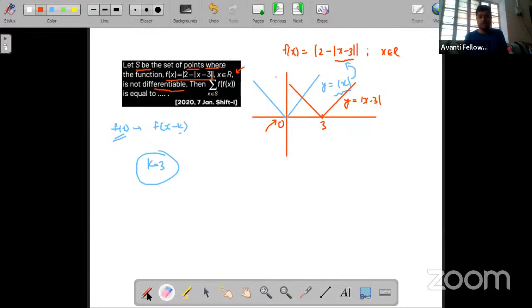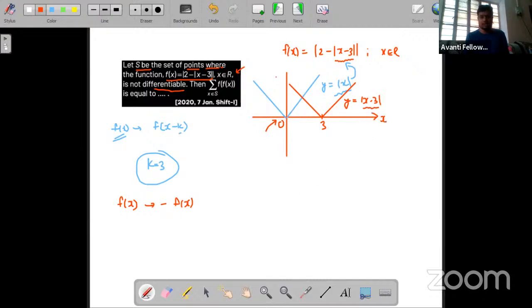Now we have to draw the graph of minus of mod x minus 3, because there is a minus sign. So we will convert from f(x), here f(x) is now treated as mod of x minus 3, to minus f(x). And when we talk about the minus sign of some function, we take a reflection over the x-axis. So here we'll take the complete reflection of this function modulus of x minus 3 over the x-axis.